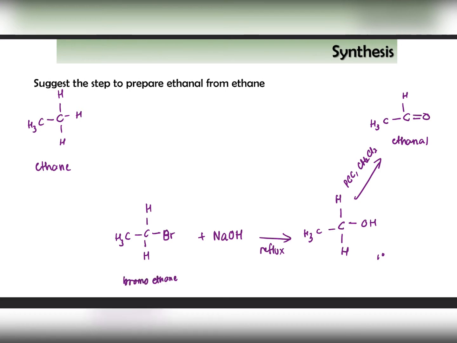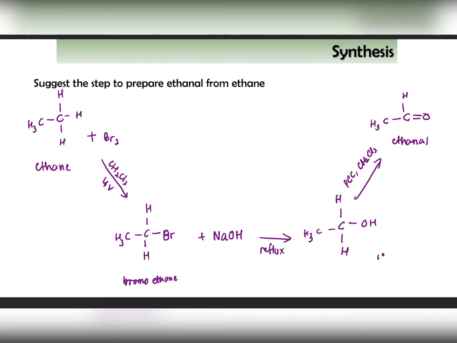bromoethane. Macam mana pula kita nak jadikan this haloalkane bromoethane daripada ethane? Okay, so from here, ethane, macam mana kita boleh ada Br dekat one of the carbon. Kita buatlah reaction plus Br2 with the presence of CH2Cl2 and condition mesti ada UV.